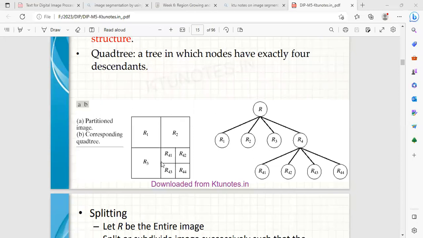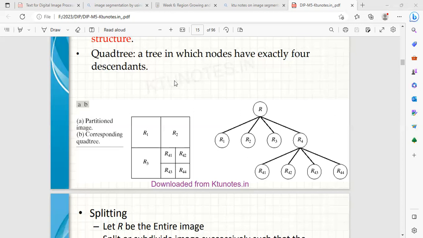Then we check the uniformity of the region. If R1 is uniform throughout, then it need not be split further. Similarly, if R2 is uniform throughout, this also need not be split further. Same thing for R3. But when you come to R4, when you check the intensity, you see that the intensity is not uniform throughout in R4.